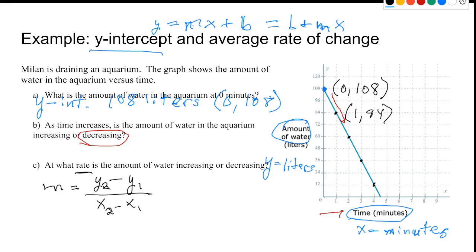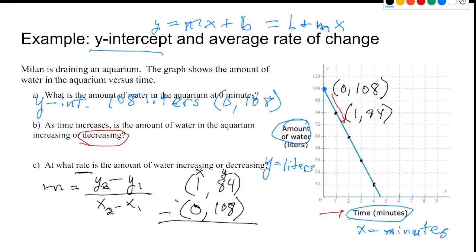I'm going to put the second point here, 1, 84, and then below it, I'm going to write the other one, x1, y1. And I remember that the first one is my x values, the second one is my y values.